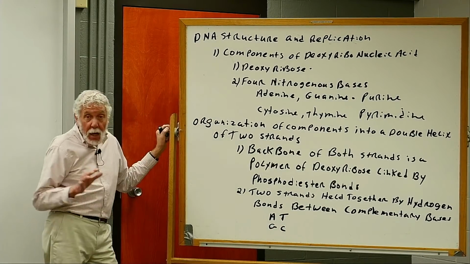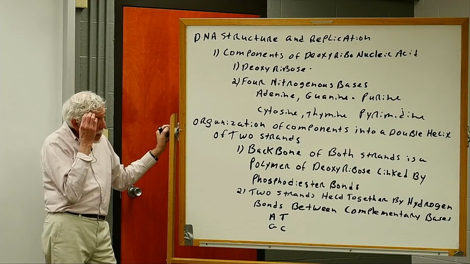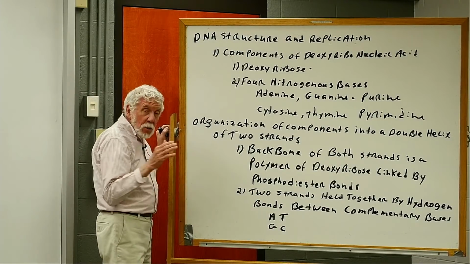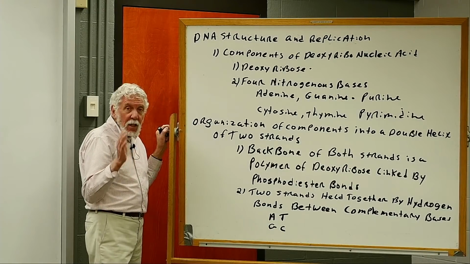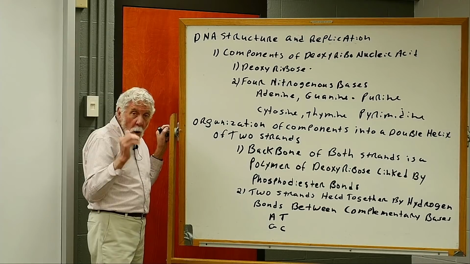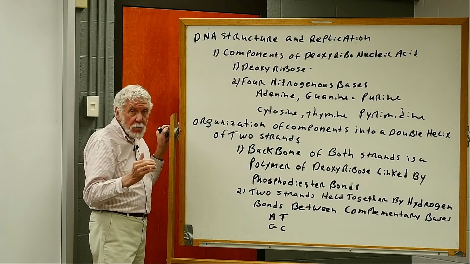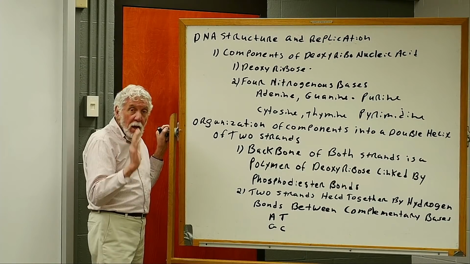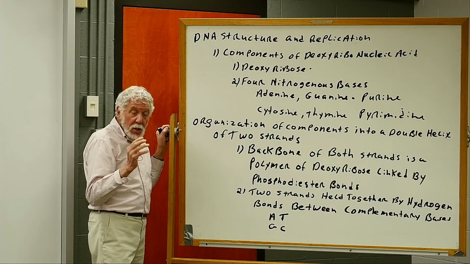It took a long time to sort that out, and I'll tell you a little bit about how that was done. But fundamentally now, what we have is covalent linkages through the phosphates that are tying together all of the deoxyriboses. Then those two strands, those two backbones, each one of the deoxyriboses having attached to it a base.